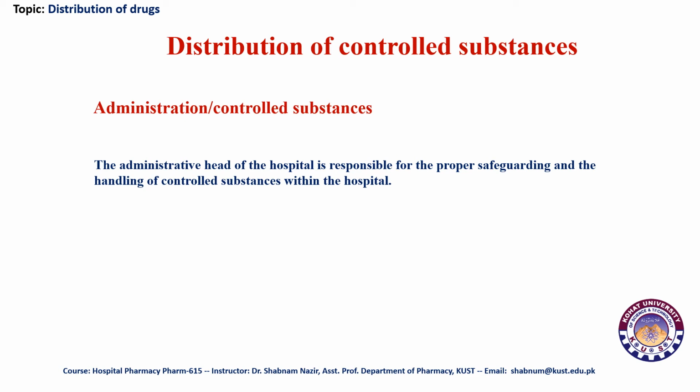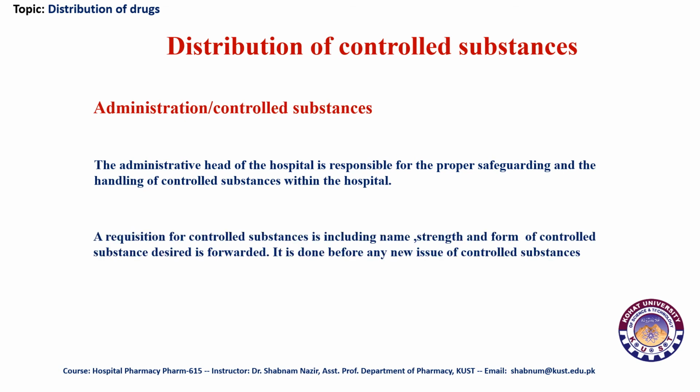Handling and safeguarding are equally important, and so the accountability is directly upon the administrative head of the hospital. Usually in management of other medication the chief pharmacist will be responsible, but controlled substances management, especially their safeguarding and proper handling, is the direct job and responsibility of the administrative head of the hospital.